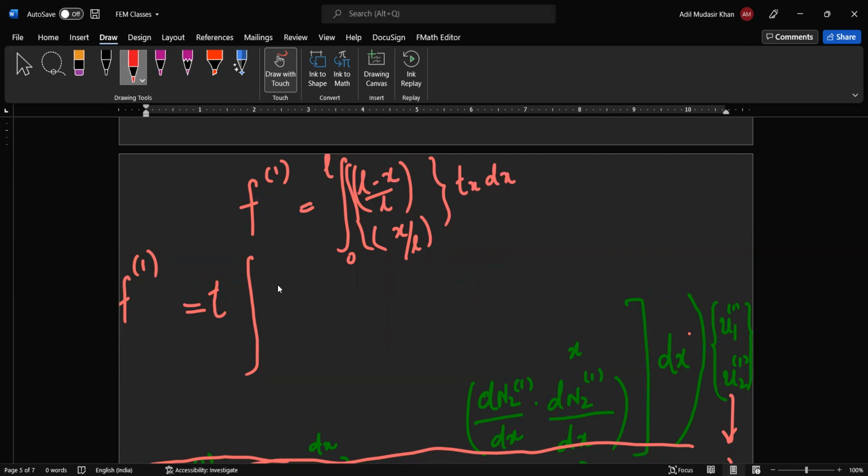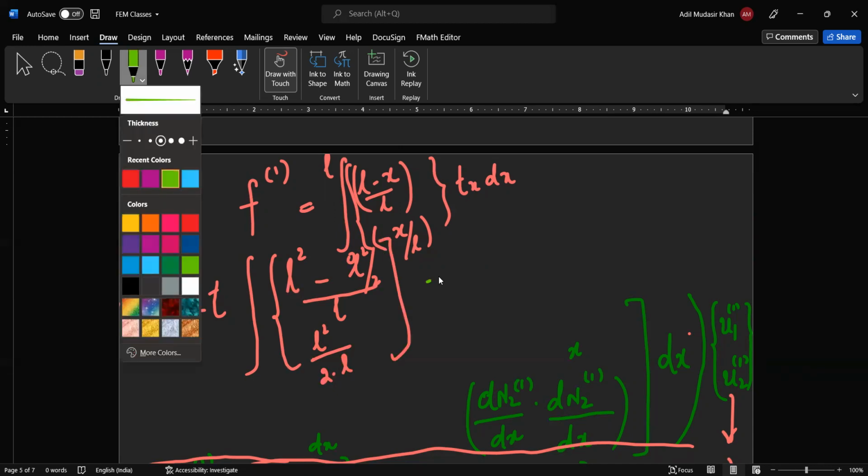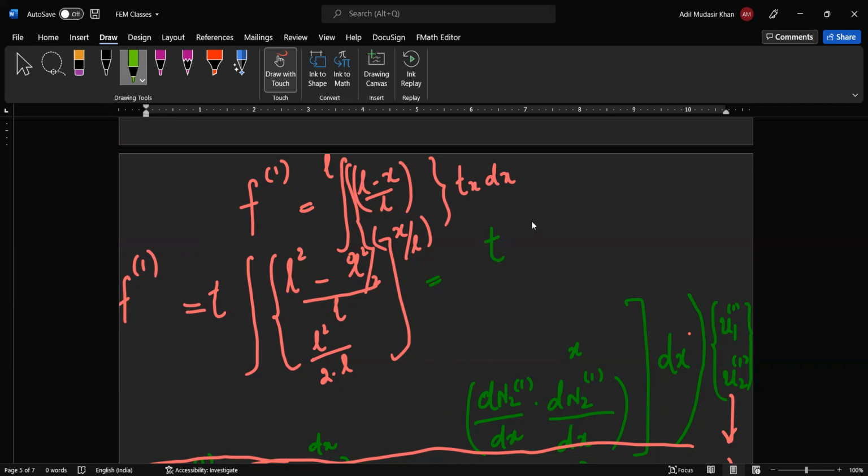This is the integral of L dx, that is L square, minus x square by 2 from 0 to L, that is L square by 2, divided by L, and the value of this will be L square by 2, and you have your L. So that will be equal to T, L square minus L square by 2, written in curly brackets, L by 2, and here it's also L by 2, so this can be written as TL by 2, and in curly brackets we'll write 1 and 1.